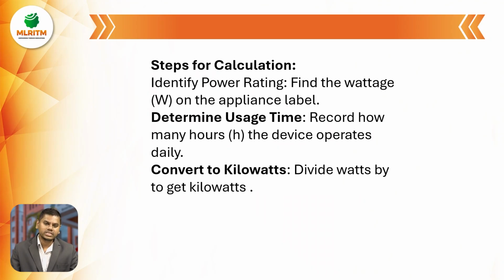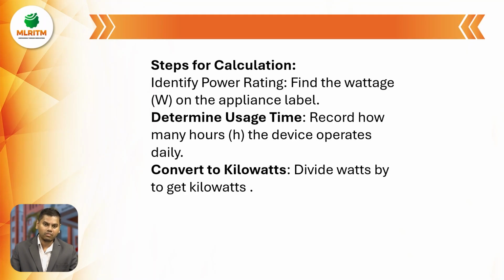Now the steps for calculation. First, identify the power rating. Next, determine usage time. Next, convert to kilowatts. These are the steps. The first one is to identify the power rating.